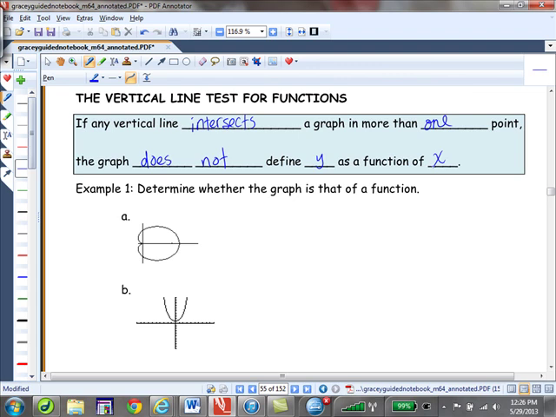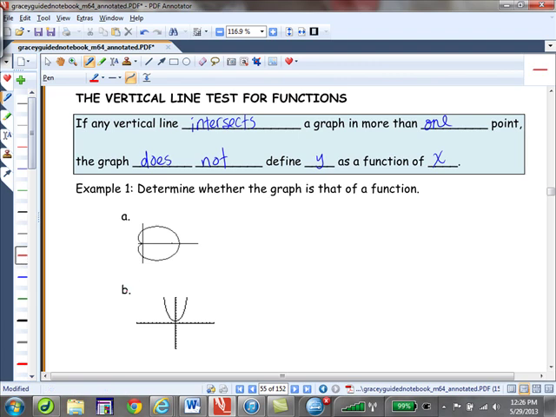So it's kind of a weird way to define it. Basically, if you are able to draw a vertical line and hit more than one point, then the graph is not a function. So it's kind of like defining a negative. So let's check it out.